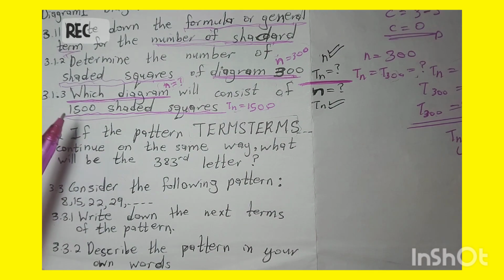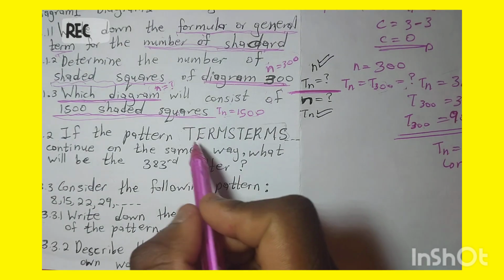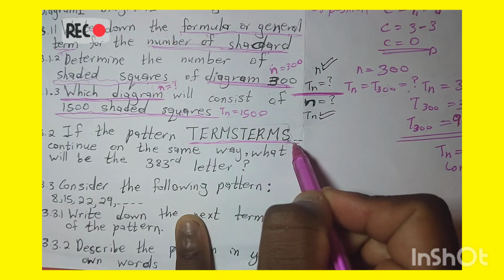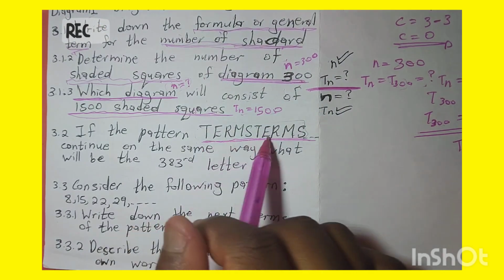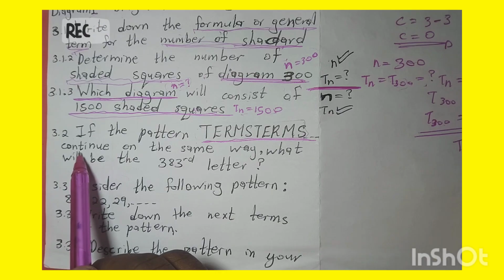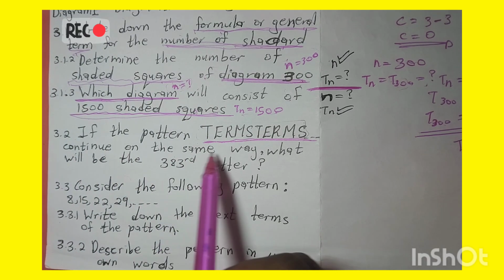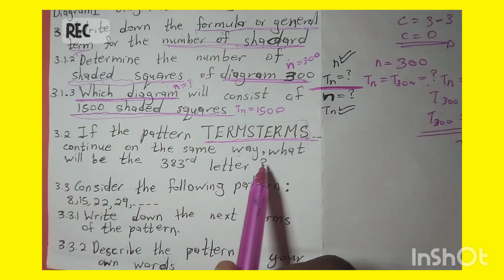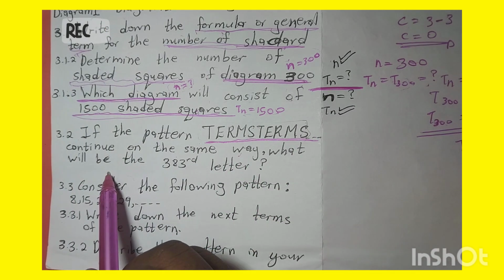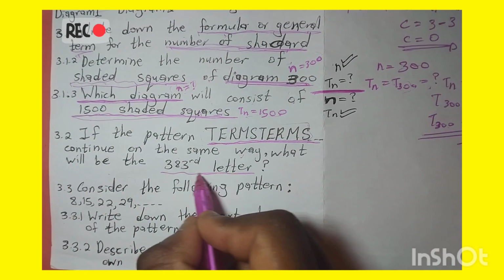Here you are given a pattern. Do you see that pattern? This thing, guys, it's a pattern, by the way, it's a word. Continue in the same way. Meaning that pattern is repeating the same way. What will be there for this position?